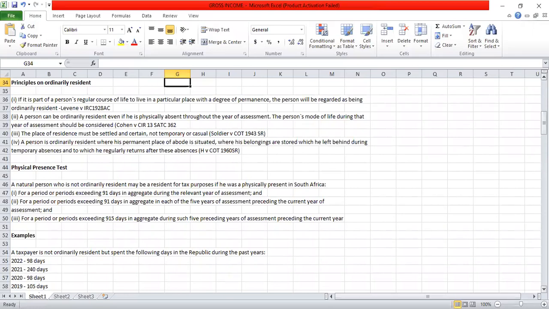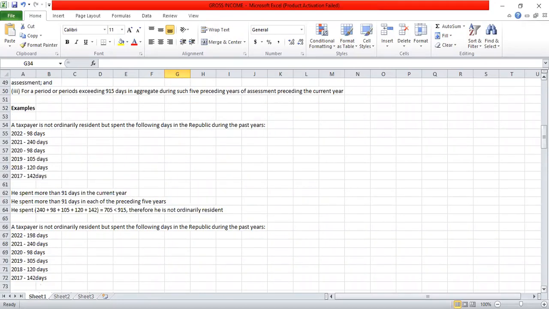Right. We have here a taxpayer who is not ordinarily resident, but spent the following days in the Republic. Let's say we're assessing the 2022 year of assessment. Let me just add something here.